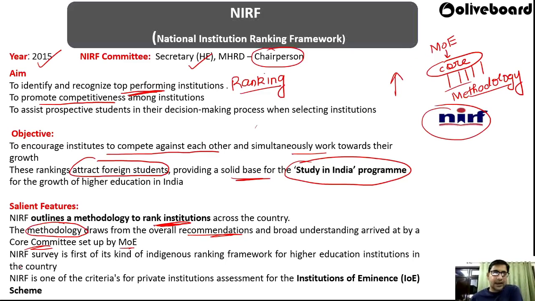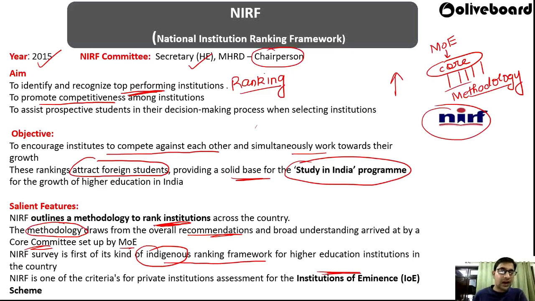NIRF is the first of its kind of indigenous ranking system framework. That means it has been decided and devised by our country itself for higher education institutions in the country. NIRF is one of the criteria for private institution assessment for Institutions of Eminence.